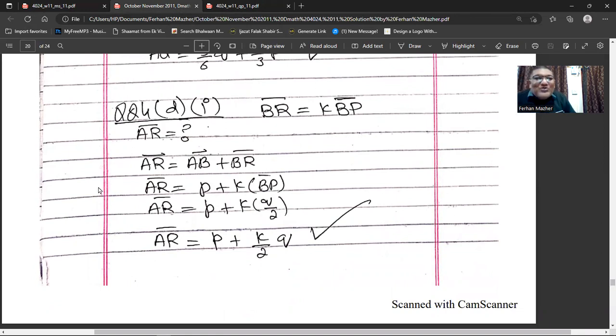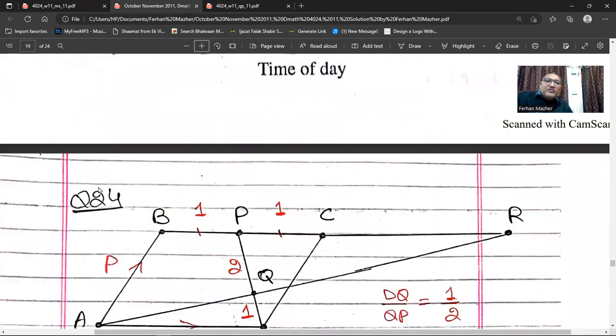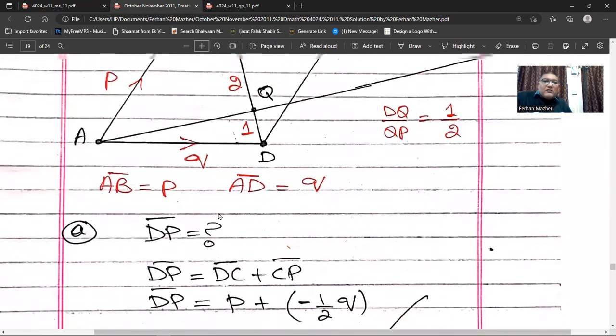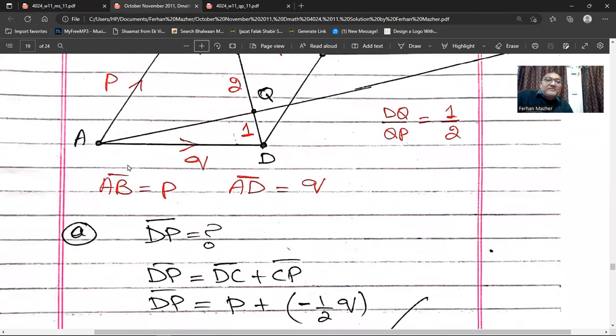From A go to B and from B go to R. So AR will be AB, which is p, and BR, that is given, k times BP. So AR is equal to p plus k times BP. BP is 1 by 2 of this q. It's a parallelogram.